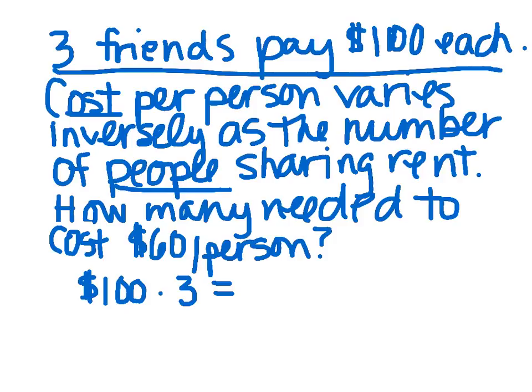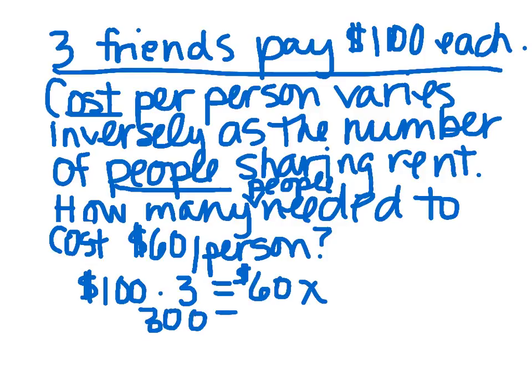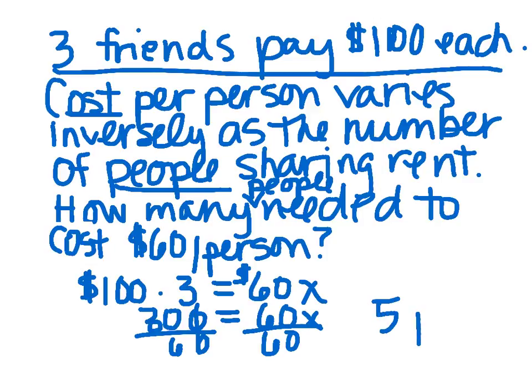And so that's our first thing. And now the other thing, we know that this cost is 60. And the thing we don't know is how many people or friends. So we're going to call that x. So 300 is equal to 60x, divided by 60, divided by 60. And that means it would take 5 people.